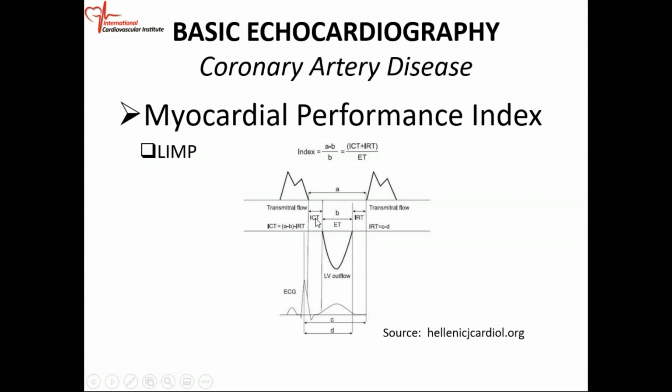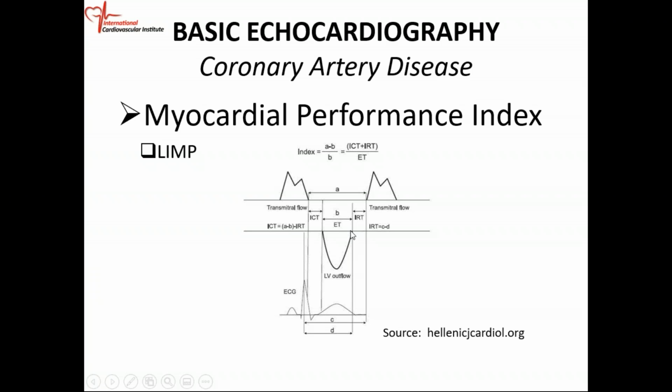isovolumic contraction time, ICT. Remember, it's from basic cardiac physiology when we just started echo. Then the aortic valve opens, then you get ejection across the aortic valve, okay? The blood accelerates and then it decelerates. This is the ejection period.